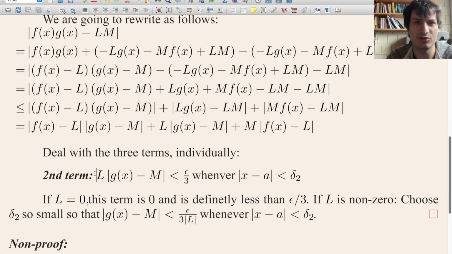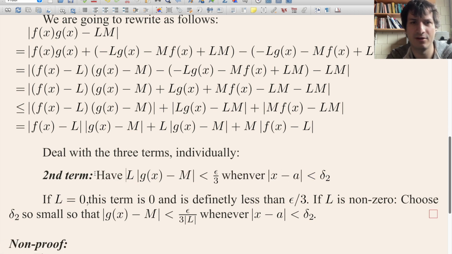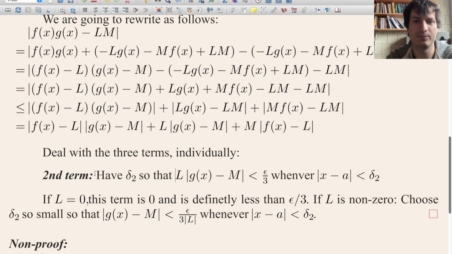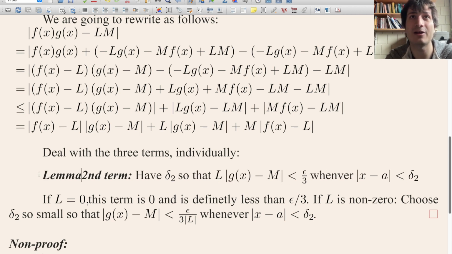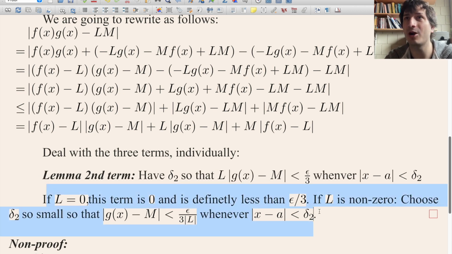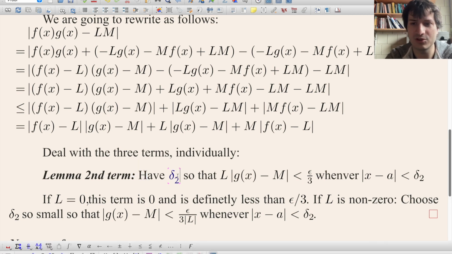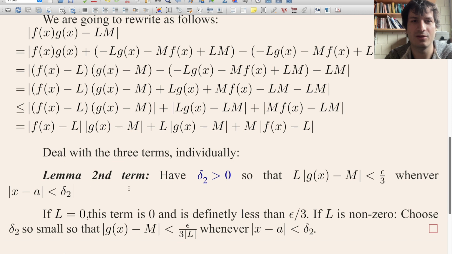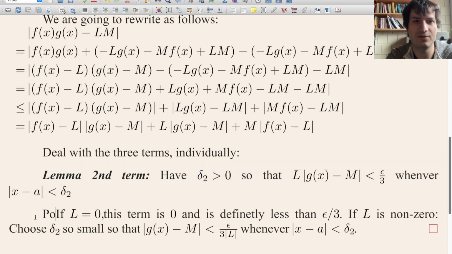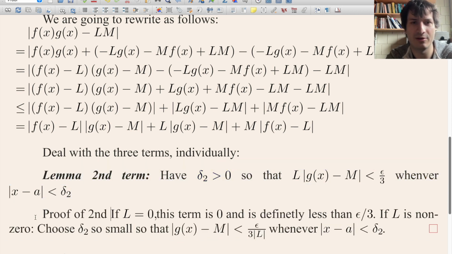Okay, so have delta 2 so that this works. And this really is a little lemma. This is a little sub-argument that gives us this result of finding the delta 2, which is positive. And so this is the proof of the second term lemma.